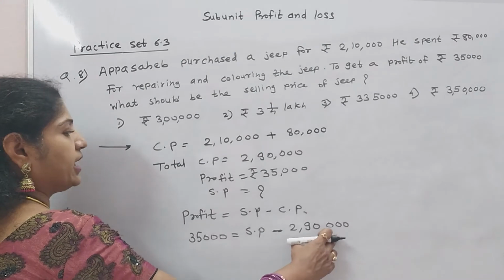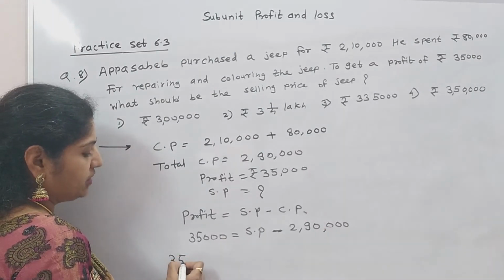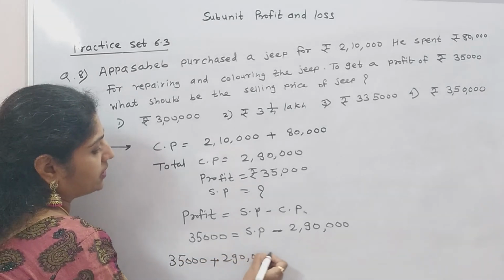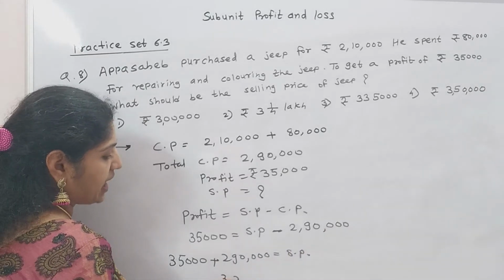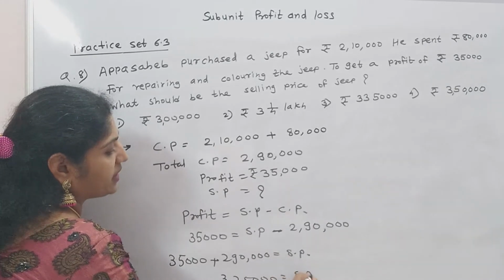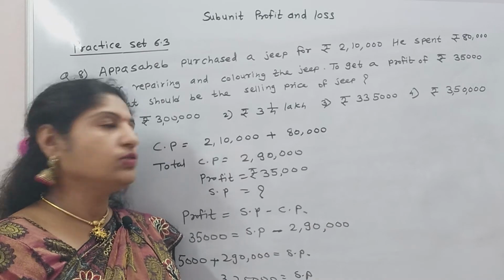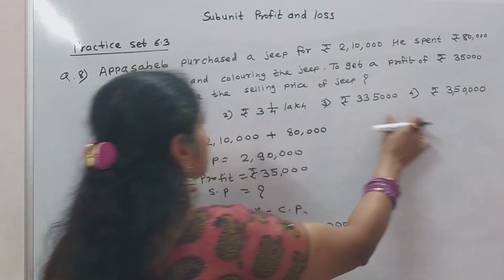And this 2,90,000 goes to the left hand side in addition. 35,000 plus 2,90,000 equal to selling price, and the addition of this is 3,25,000. Our answer is selling price must be 3,25,000, but look at all the options.